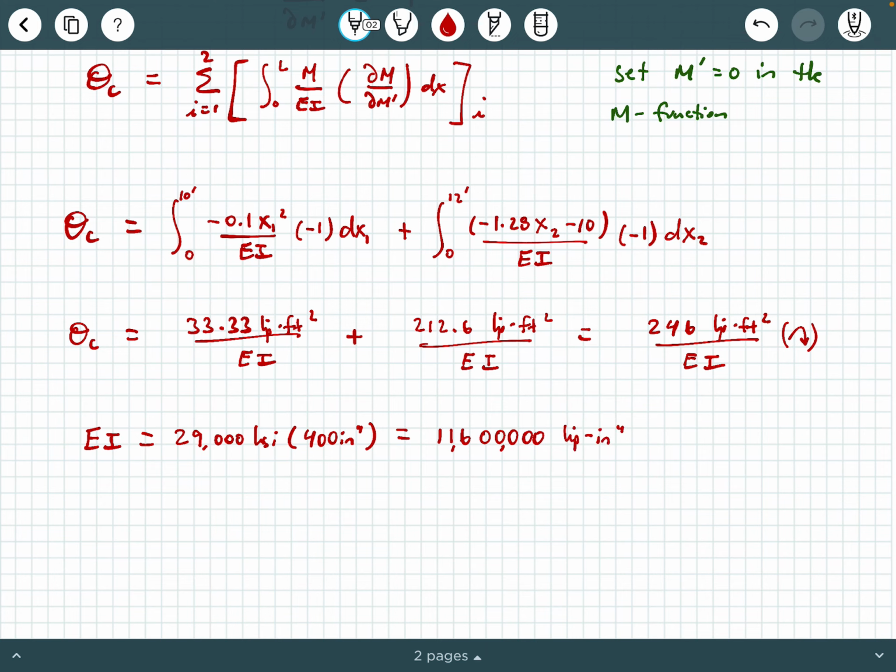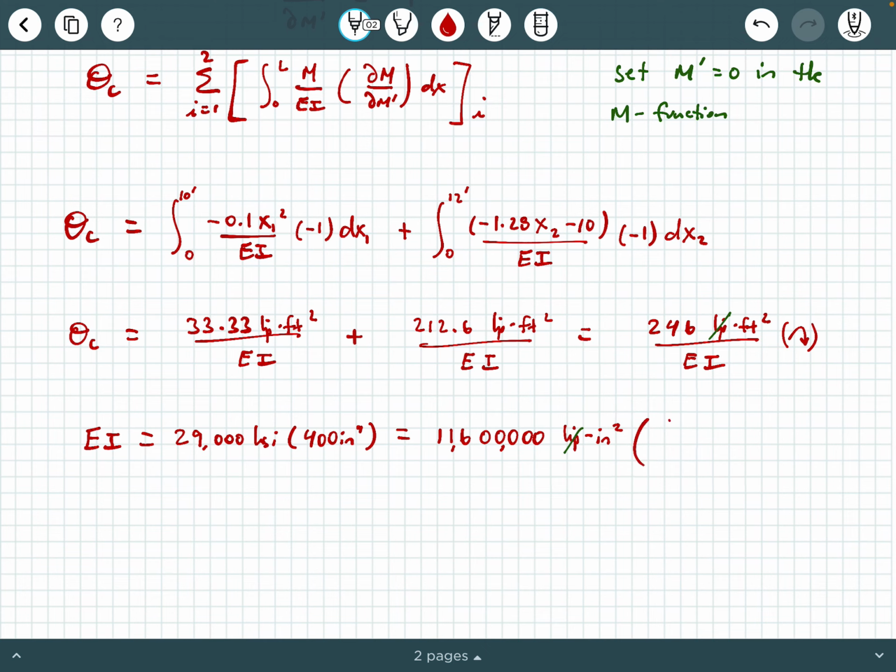All right, now we need to convert that because this numerator has units of kip feet squared, and now the denominator has units of kip inches to the fourth. We see that clearly the kips are going to end up canceling, which is, you know, what we hopefully should expect. I'm sorry, this should be kip inches squared. I think I've been saying that a little incorrectly, kip inches squared. So the kips end up canceling, which makes sense, but we need to convert those inches squared.